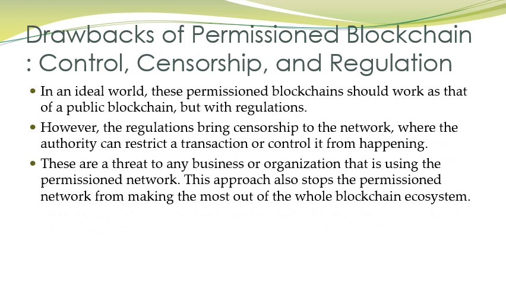Then the next drawback of this permission blockchain is about control, censorship, and regulation. In an ideal world, this permission blockchain should work like a public blockchain. As the blockchain is a decentralized network, ideally it should work like a public blockchain, but the permission blockchain has a proper governance mechanism.